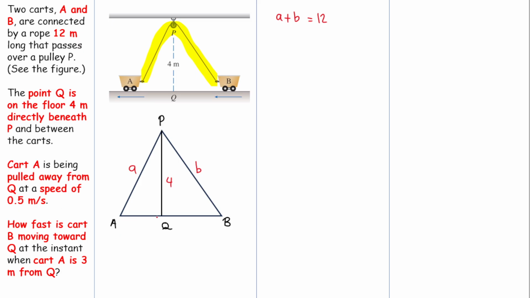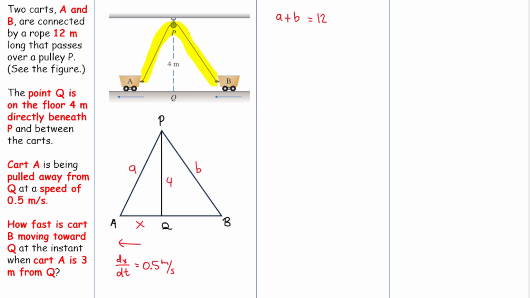So the length of AQ, let's name this as x, and this card A is being pulled here. So we will have the change of x over time, so I'll have dx over dt equal to 0.5 meters per second.